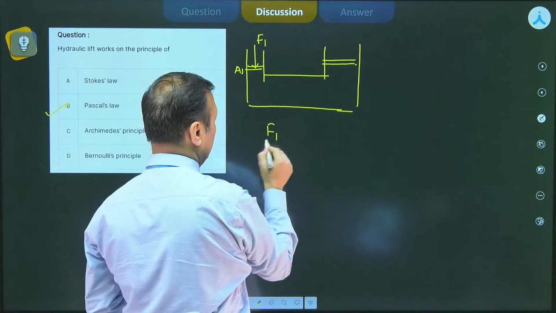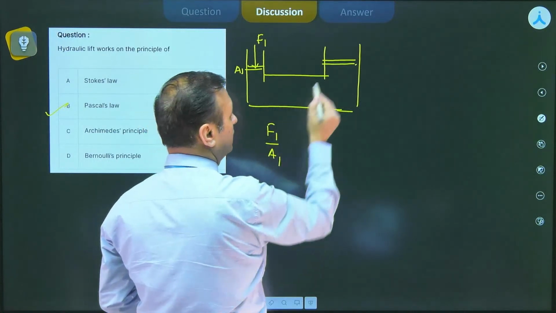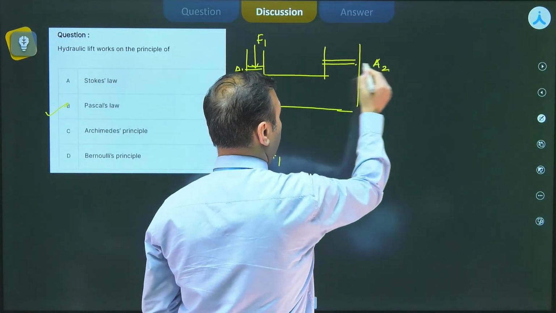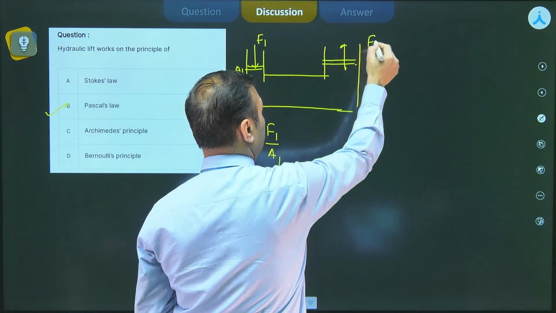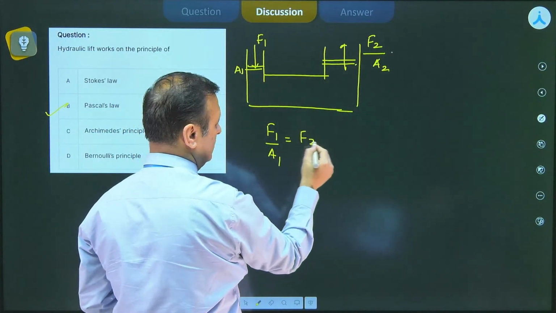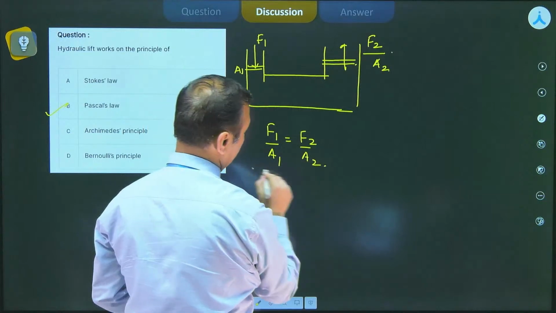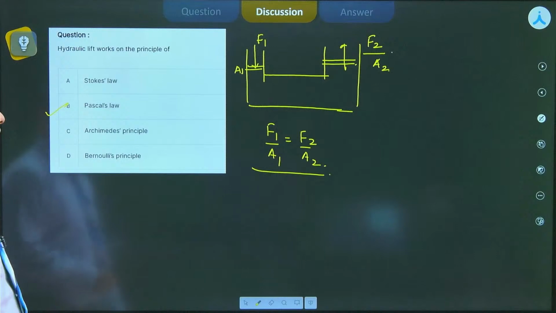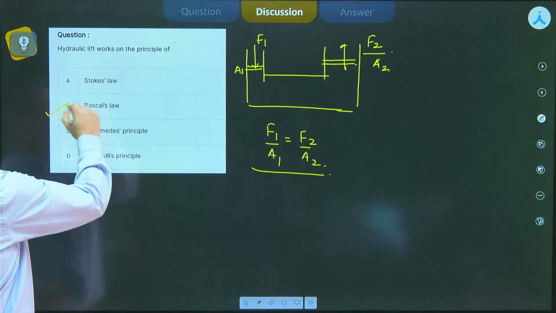So what is the pressure at this? The other side is also fitted with a piston. Area of cross section is A2. So this also experiences force F2 and this will get lifted up as pressure remains the same. So this is the basic working principle for your hydraulic lift. So this is Pascal law, very fine statement.